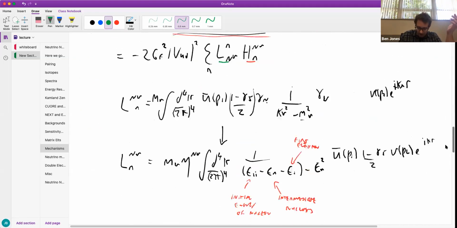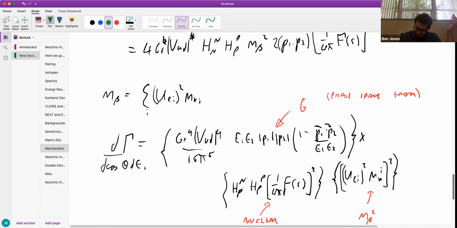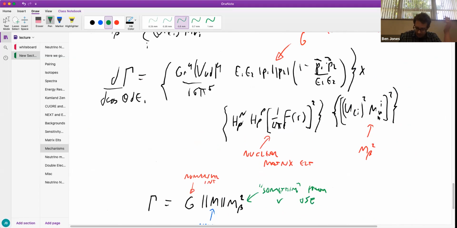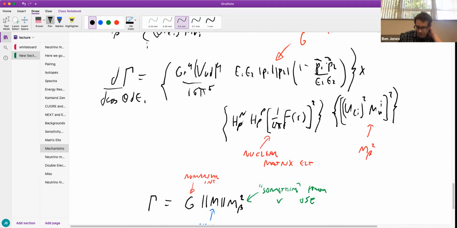So the mass that shows up here is the mass of each one of those neutrinos. That's right, it's the mass in the propagator. So you get the physical neutrino mass, and then the U is the mixing to that particular mass state.